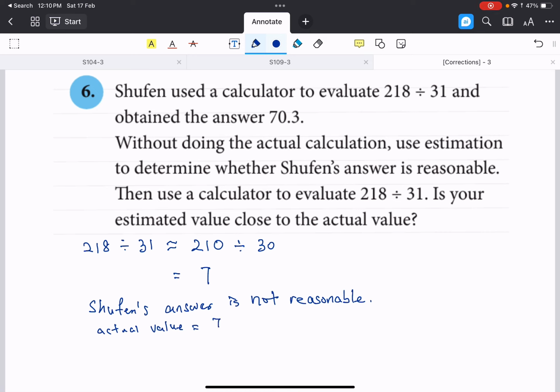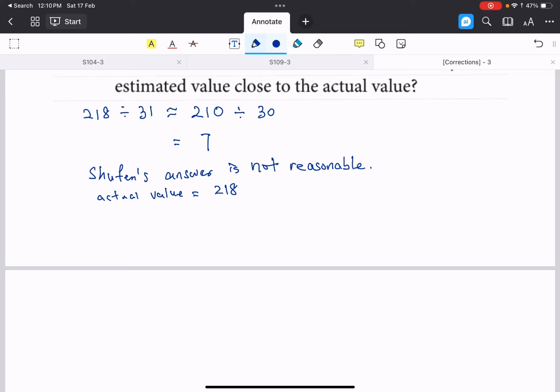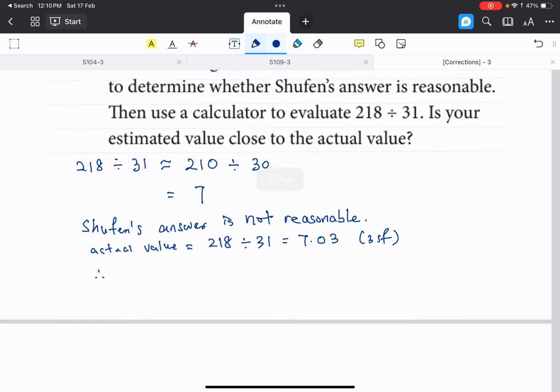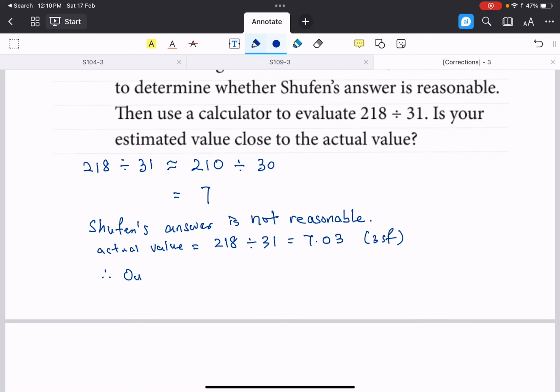Let's write the whole thing down: 218 divided by 31, which gives us 7.03, if this is three significant figures. Therefore, is your estimate value close? Yes, my estimated value is close, because 7 and 7.03 are close to the actual value.